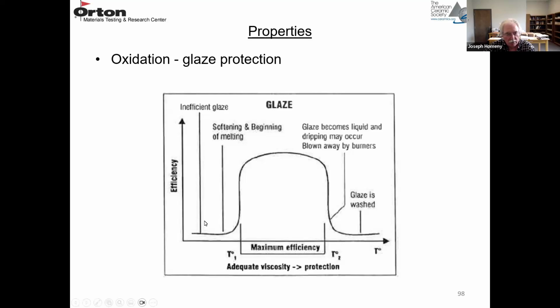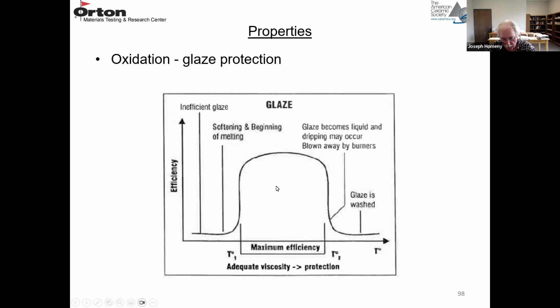If the temperature is too low, that really doesn't soften and melt and flow. It doesn't provide protection. If the temperature is too high, the glaze becomes very fluid and it just flows off of the composite. But somewhere in the middle, there's a temperature range that gives just the right viscosity to coat the composite material and provide the best oxidation resistance.